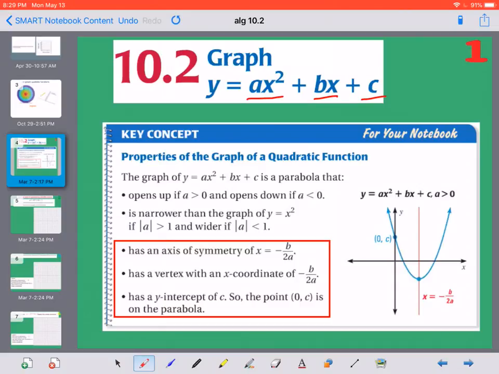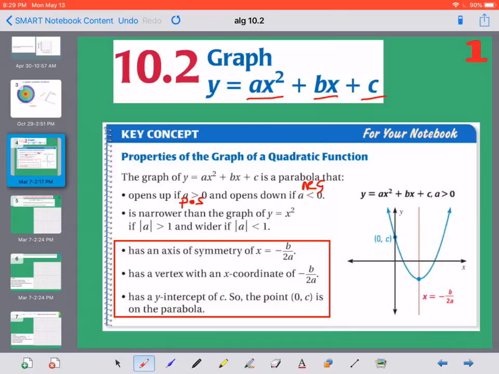So the properties of a graph of a quadratic function. The graph of y equals ax squared plus bx plus c is a parabola that opens up if a is greater than 0, or if it's positive, and opens down if a is less than 0, or if it's negative.